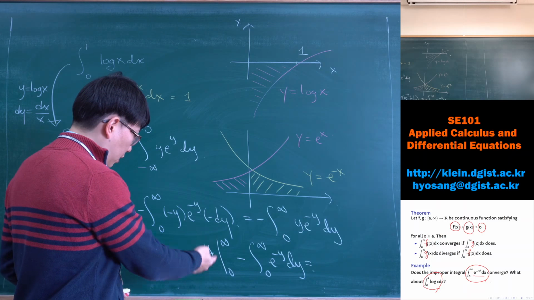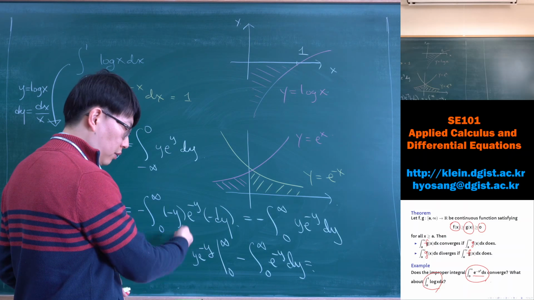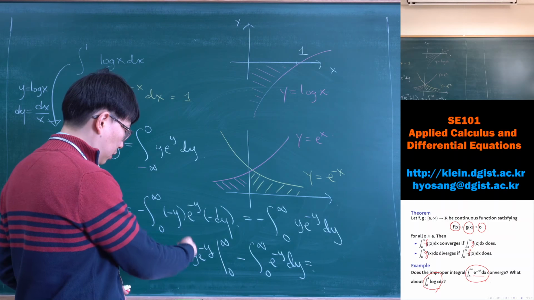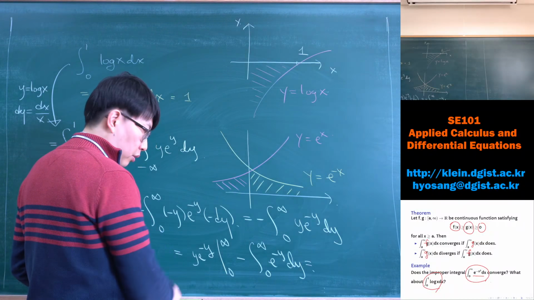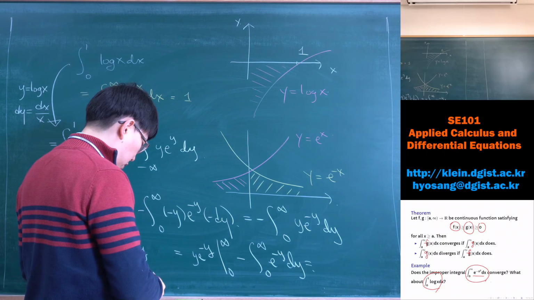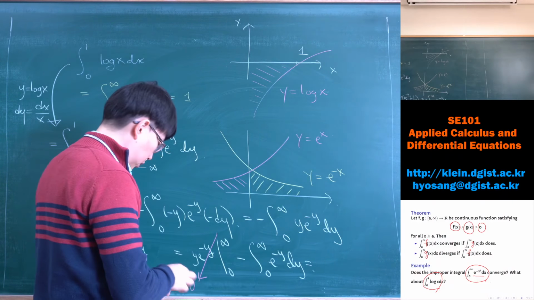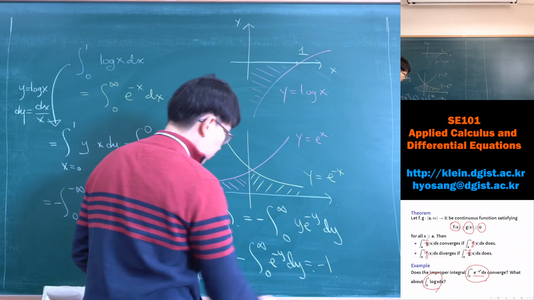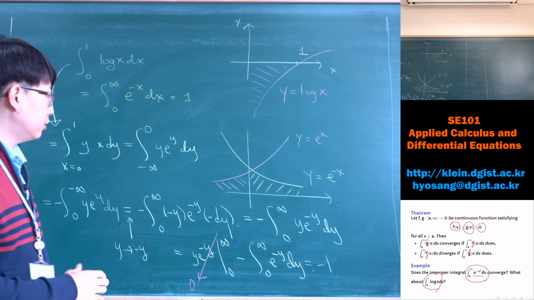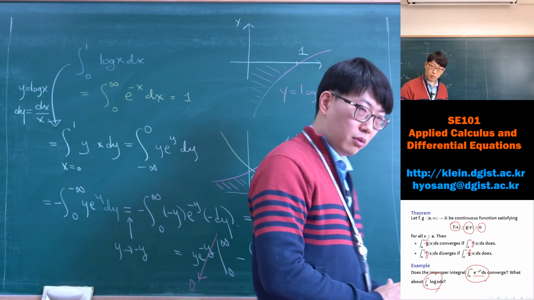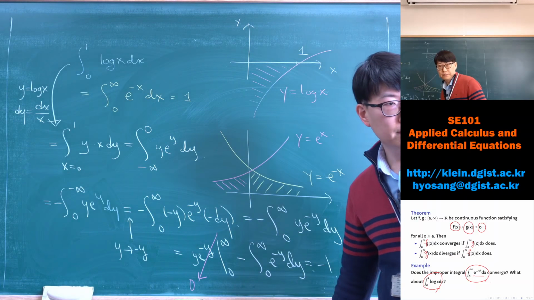So this one goes to 0 when y approaches infinity. You can check by L'Hopital's rule and others. And also when y is 0, this also goes to 0. So everything goes to 0 here. And what about this one? This is simple. This entire thing is 1, so it's negative 1. So there are two ways of checking whether this is convergent or not.